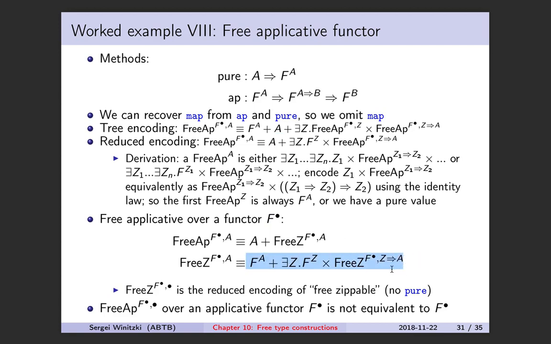So first we construct a recursive case, which can be seen as a reduced encoding of free zippable. That is a type class where only the app method is given and no pure. So this is a free zippable. And then we do a free pointed out of that. So it's a free pointed over a free zippable over a functor f. And we see that, again, free applicative over applicative is not the same as that functor.